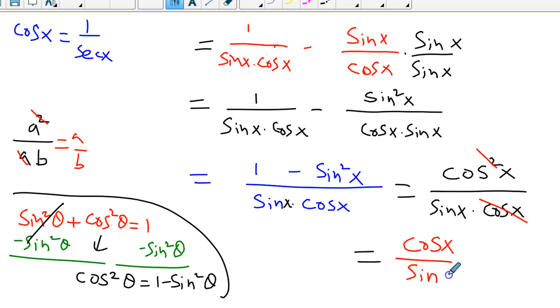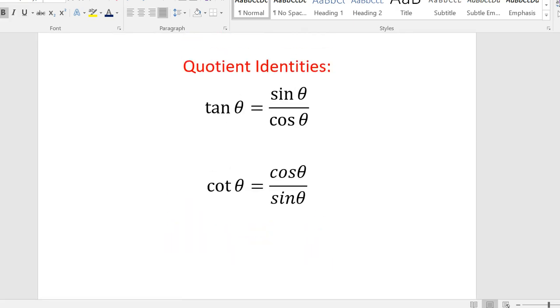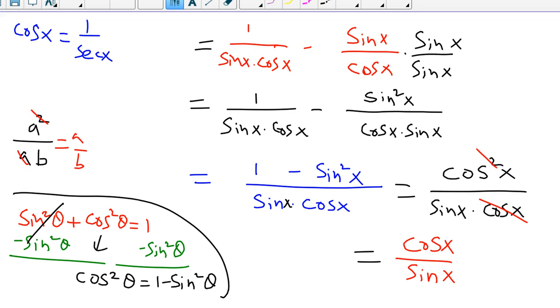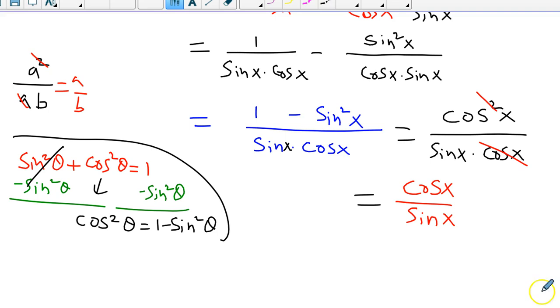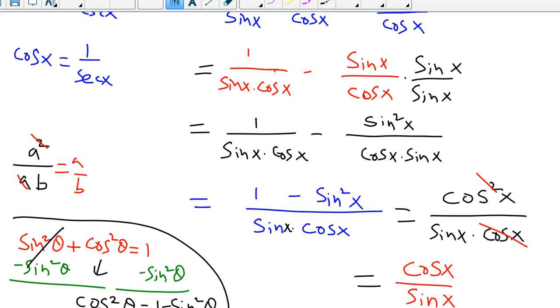Alright. Now looking at this cosine x over sine x, I am reminded of this quotient identity: cosine theta over sine theta is equal to cotangent. Therefore, this cosine x over sine x, I can also write as cotangent, or cot x. This is the simplified form of the given expression.